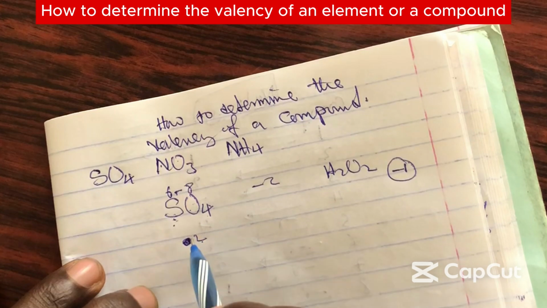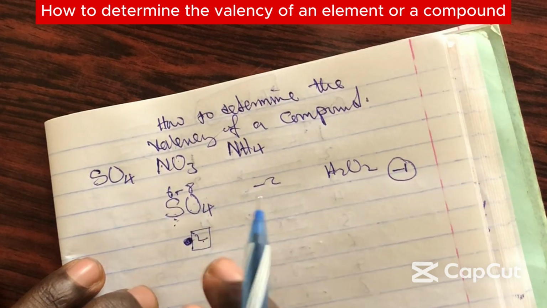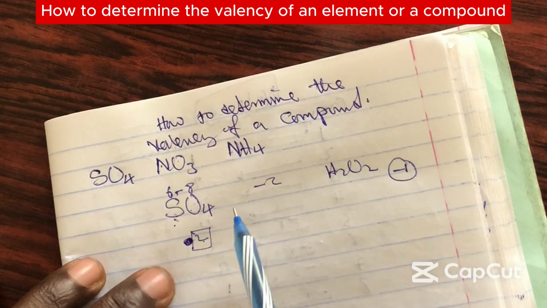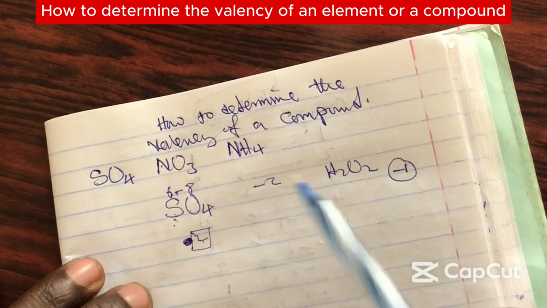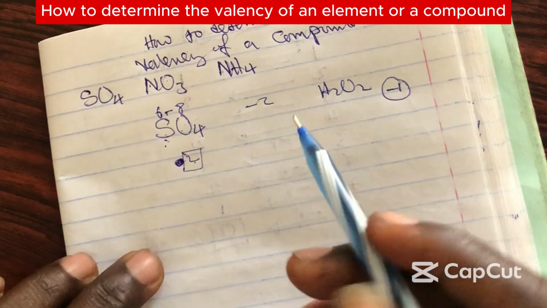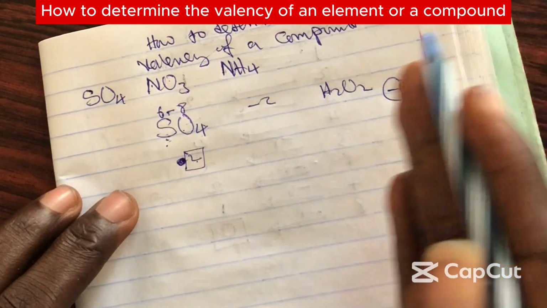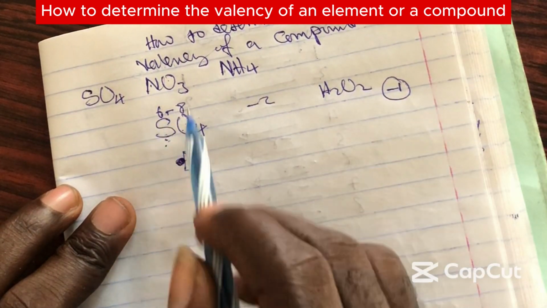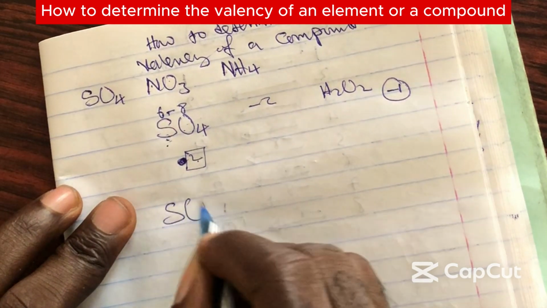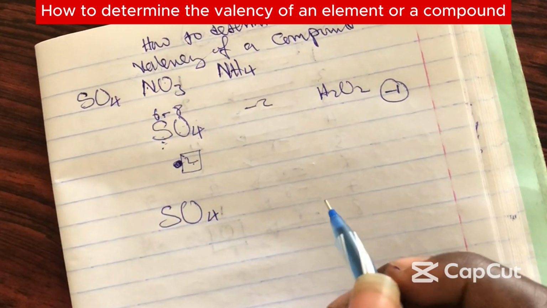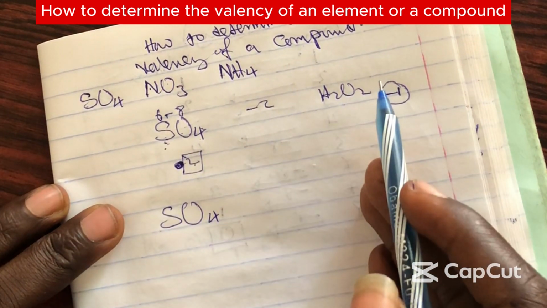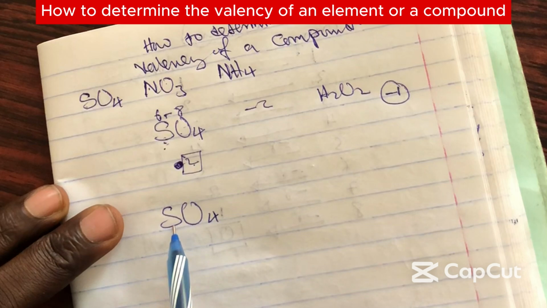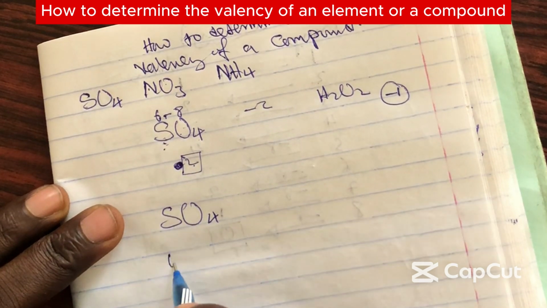This is how we can determine the valency of a compound. Another way around, we can also determine what charge this SO4 contains. The procedure is the same. The oxidation state of sulfur is 6.